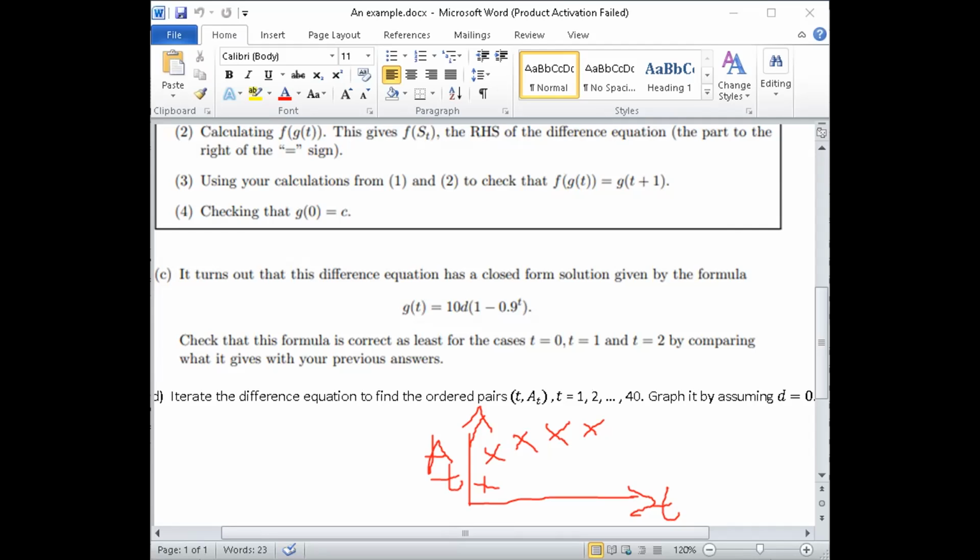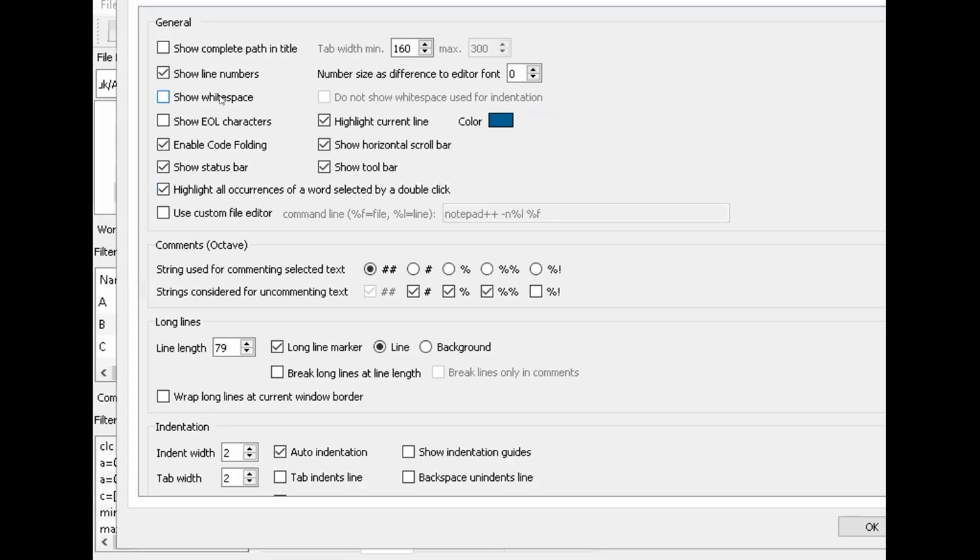Let's clear this out. Yep, you can write a program for that.